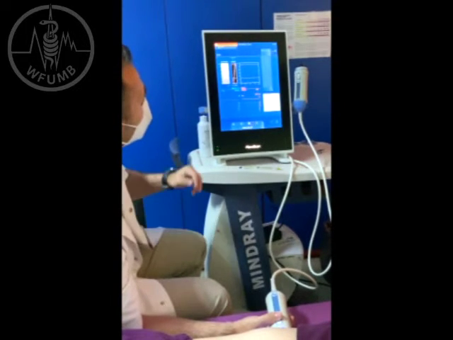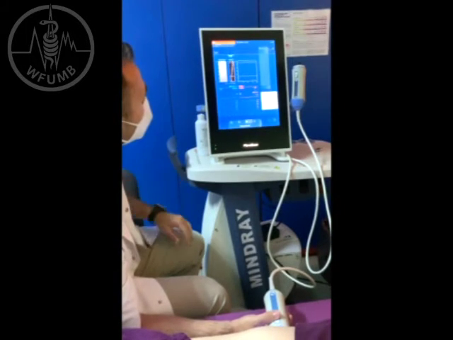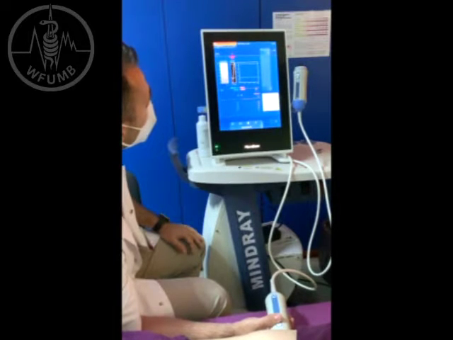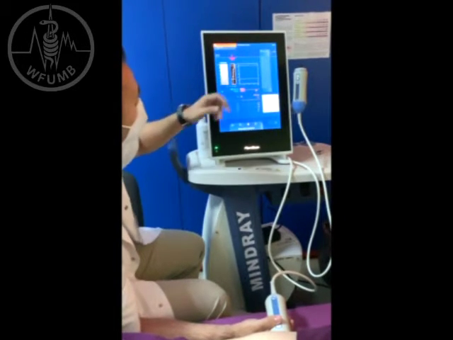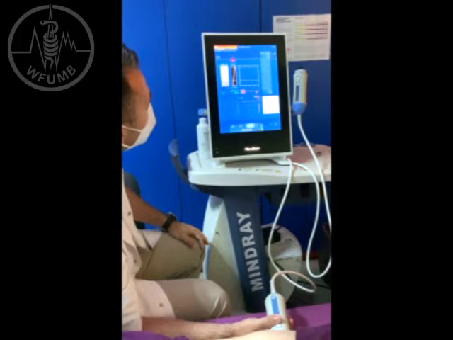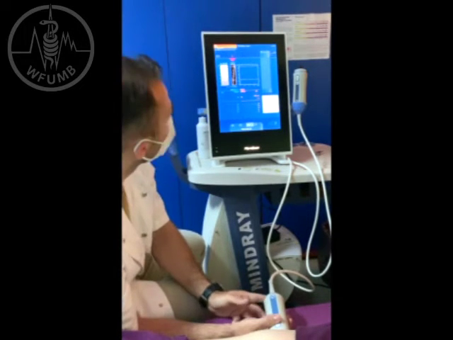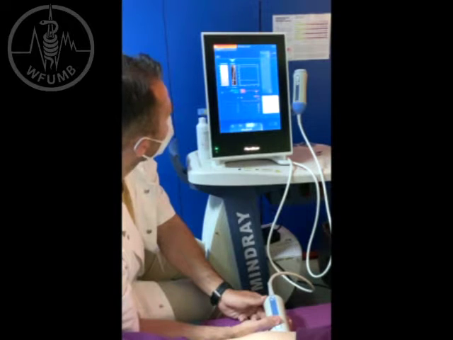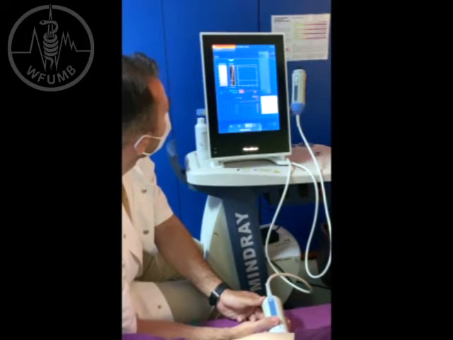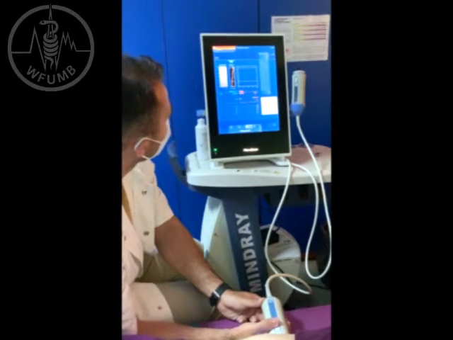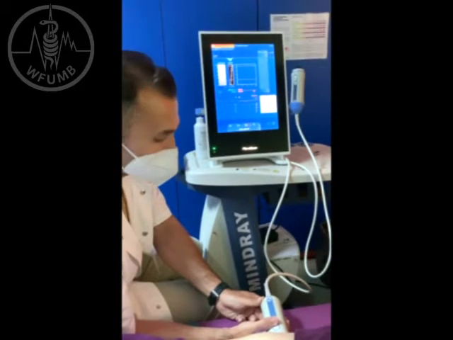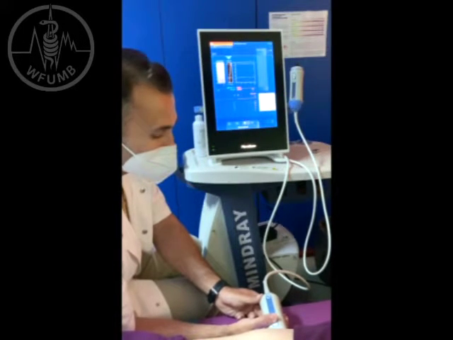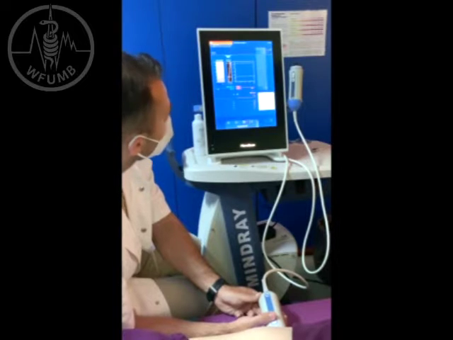You see, when it's one line, we need to push more. When we push too much, we have a warning sign that tells us to release a bit the pressure. So when we are ready to perform the measurements, we need to have a continuous green line in both images, and we press the button located above the M sign on the probe.